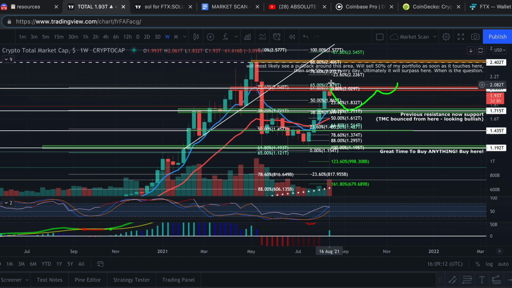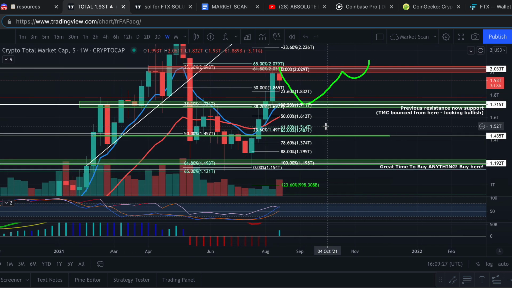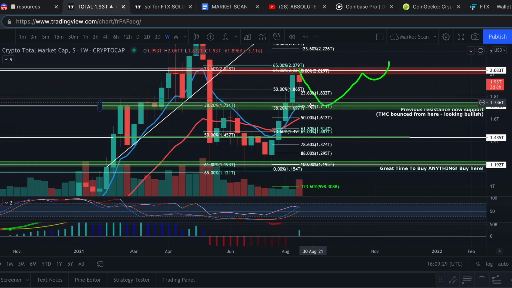So now we bounced off the 61.8 from the top to the bottom. And usually we come back down to 38.2, which is somewhere around here, 1.75 trillion. I would want to re-enter probably around 1.75 trillion. 1.7 is the 38.2, but I want to front run it.